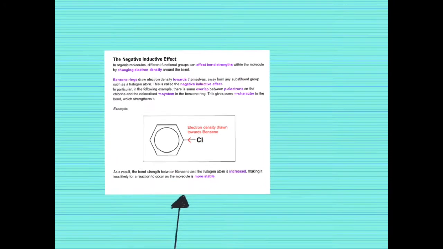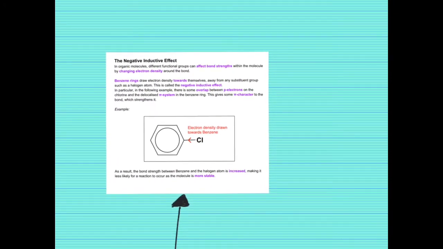So, last little bit then. When you add on a halogen, the benzene ring draws electron density towards itself, and away from the substituent group, such as the halogen atom. This is called a negative inductive effect. In particular, in this example, there is some overlap between the p electrons on the chlorine and this delocalized ring system.